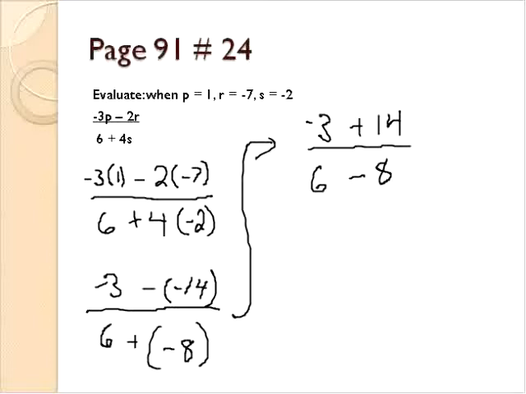So -3 plus 14, and 6 minus 8. So there is what we'll end up with for this question. Essentially what we've done here is we've looked at this as being negative times -14 and positive times -8.